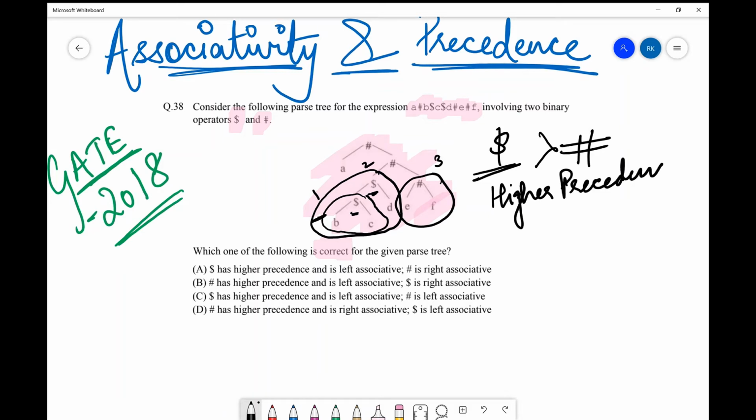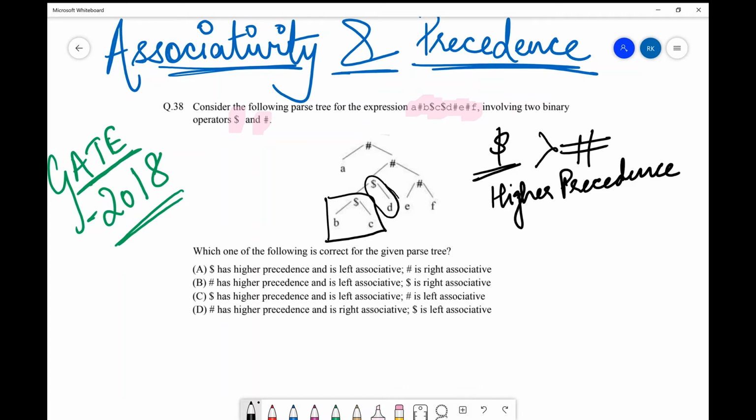After solving that, we check its associativity. For the dollar sign expression, there are two dollar expressions over here. In order to have a clearer look, yes, there are two dollar sign expressions. The first one is here and the second one is this one.